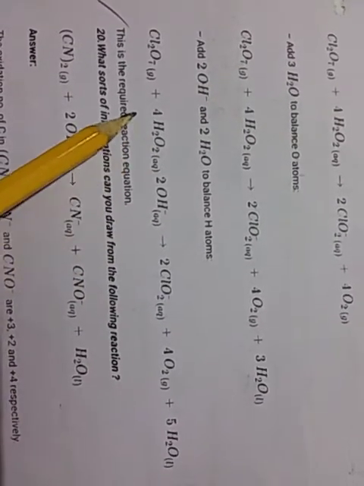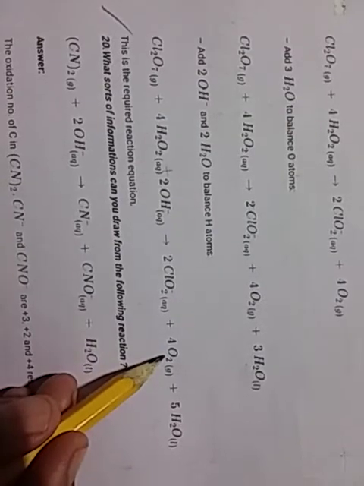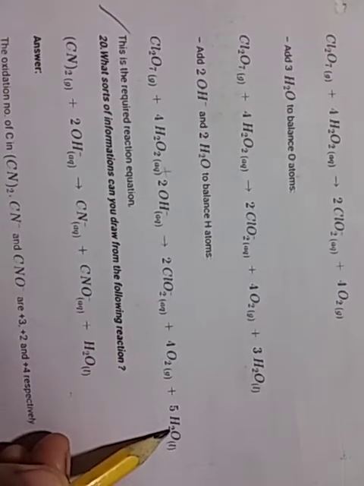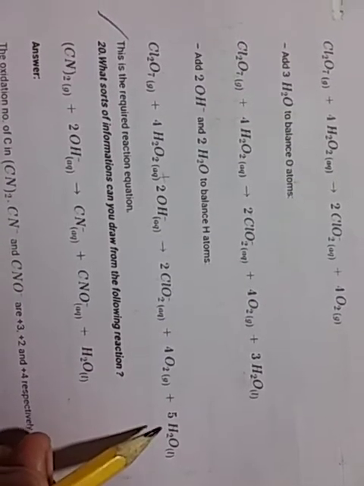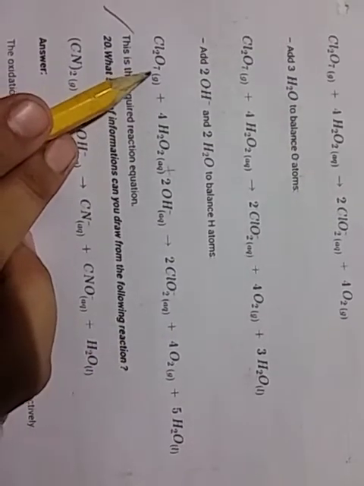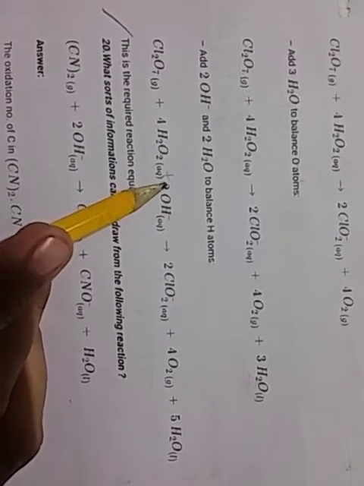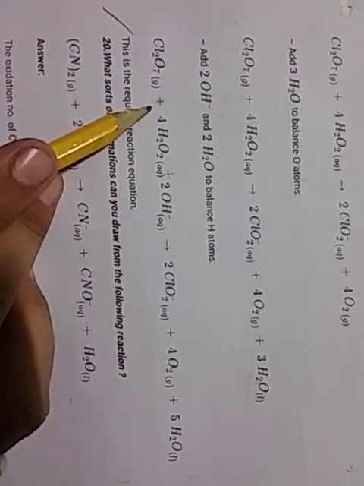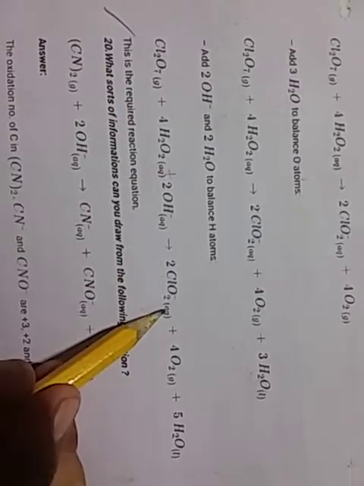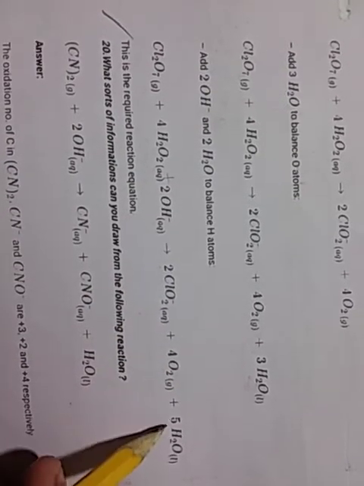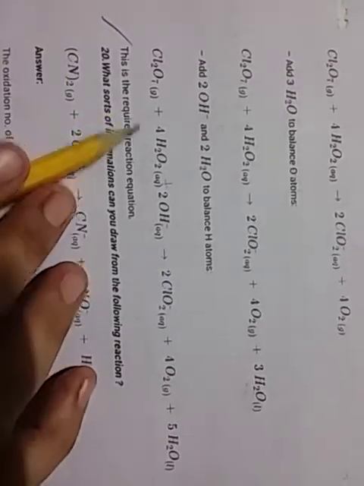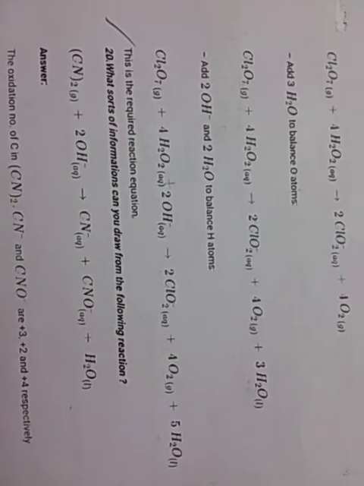Then oxygen: 4 into 2 is 8 and 2 oxygen, so 10 oxygen. And 7 plus 8 plus 2 is 13 on the left, and on the right 2 into 2 is 4, 4 into 2 is 8, and 5. So this is the balanced reaction equation.